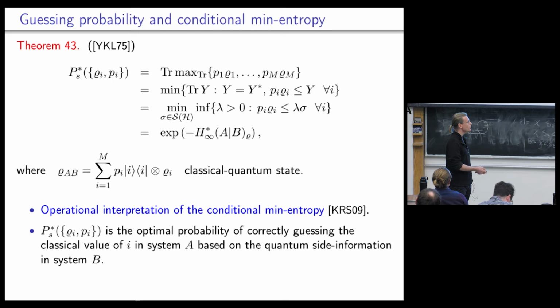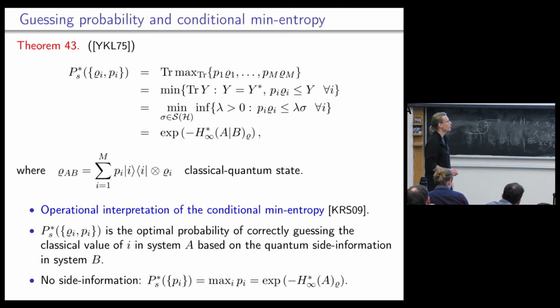And so his guessing probability of the identity of I is the conditional infinity entropy, or expressed in terms of that, when he has access to this extra system. So is the optimal probability of correctly guessing the classical value, the label I, based on the quantum side information in system B.